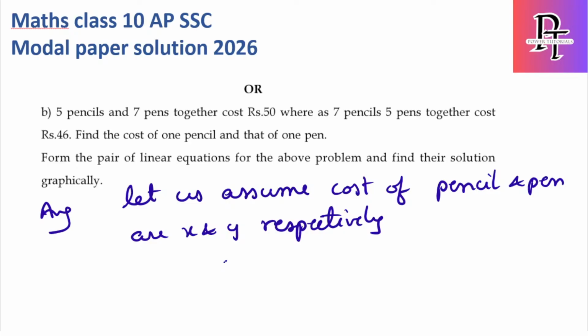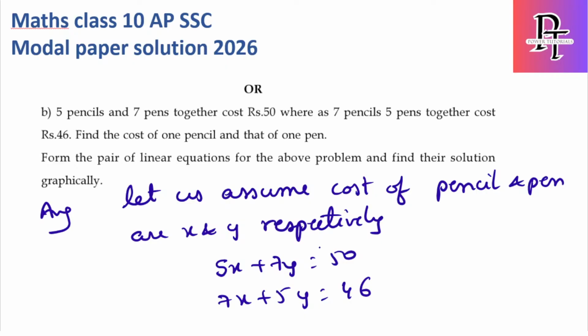Then it becomes 5x plus 7y is equal to 50, and the second equation is 7x plus 5y is equal to 46. You have to form the linear pair of equations, and find the solution graphically.